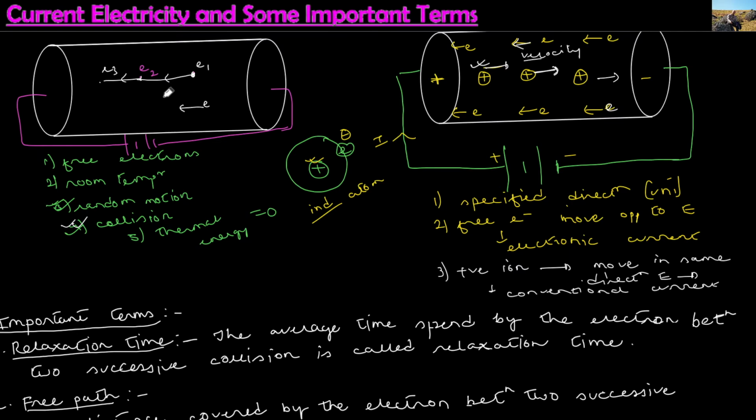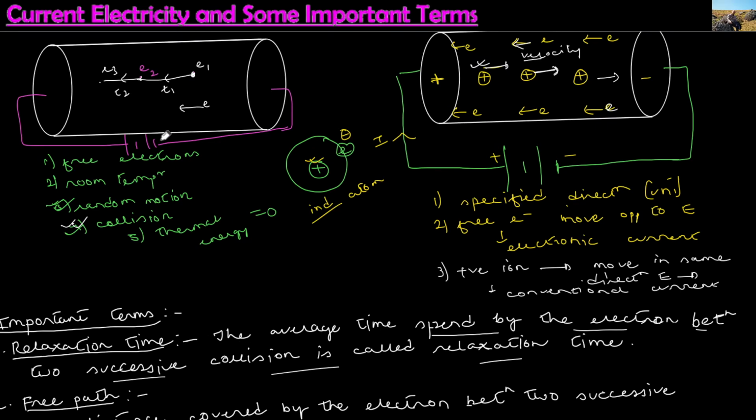So there are two collisions over here. Let T1 be the time of impact by 1 on 2, and T2 be the time of impact of electron 2 on electron 3. The average time spent by an electron between two successive collisions is defined as your relaxation time. There should be two successive collisions.